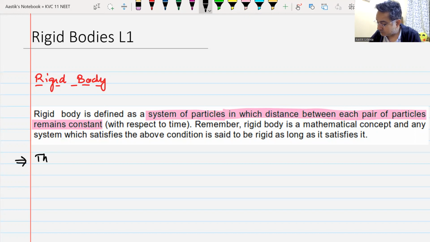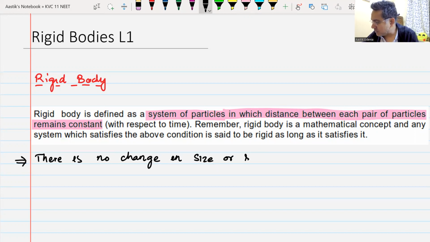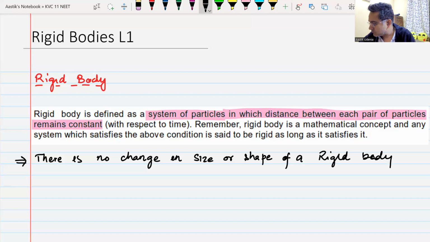There is no change in the size or the shape of a rigid body if any force is applied. Such a body is known as a rigid body.